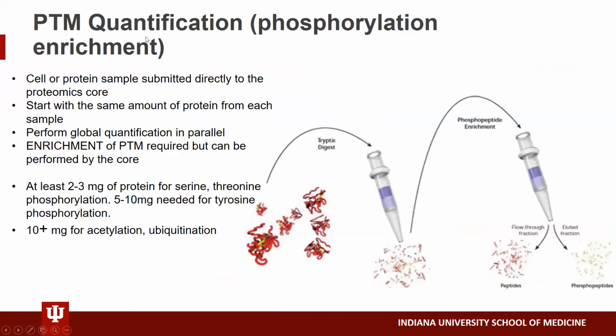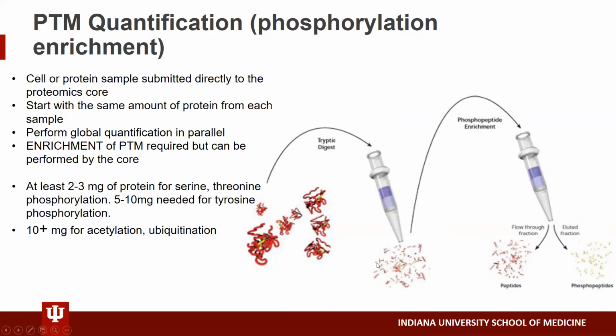For post-translational modification quantification, and phosphorylation quantification is our most common PTM, you need to submit significantly more sample. This is what Dr. Mosley talked about a couple of slides ago: because you're doing an enrichment, any PTM exists at a relatively low abundance compared to all unmodified peptides in a sample.